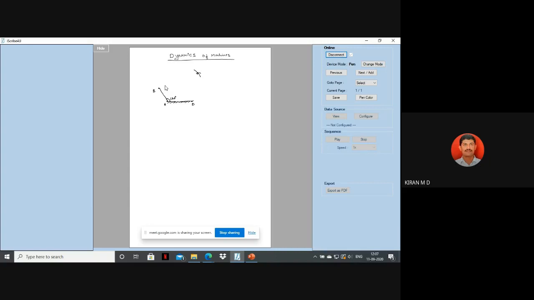This is the point C. Then join C and D. This is the basic thing, so you are already aware how to draw the mechanism. This is link 1, link 2, link 3, and link 4. Is it clear?